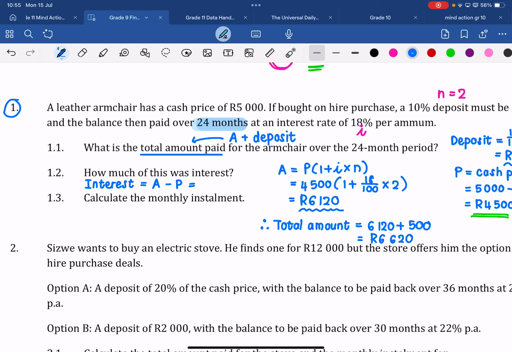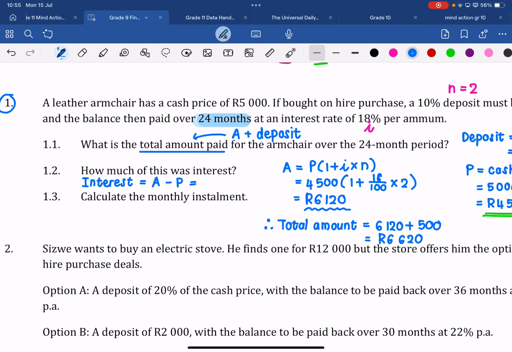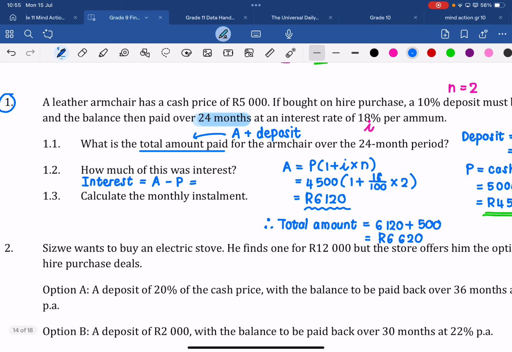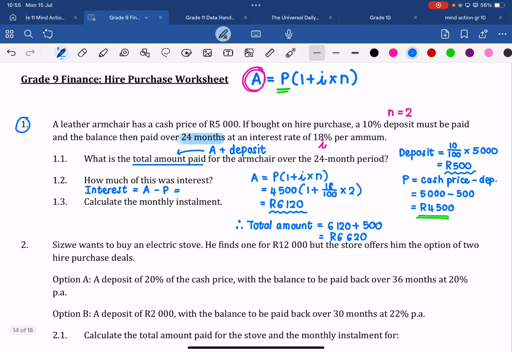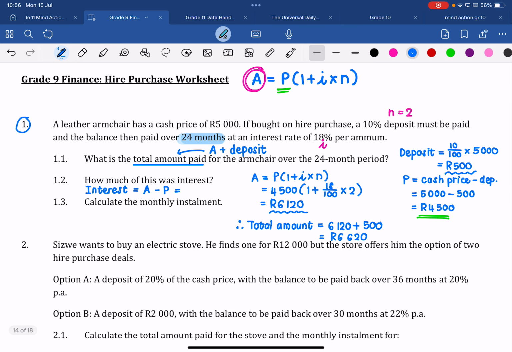Okay, interest equals A minus P. There's the formula. Write it down, please. 1.2 of the hire purchase worksheet. Interest equals A minus P.